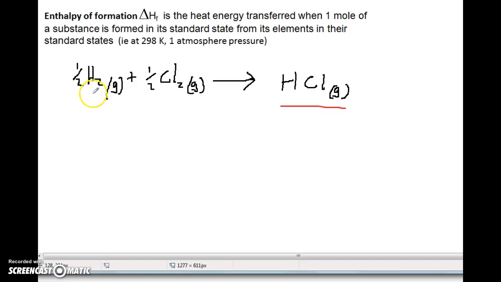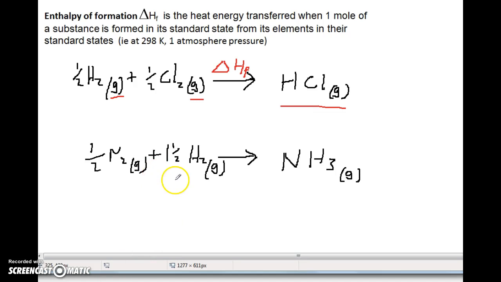So here we've got hydrogen in its standard state, which is gas, and chlorine in its standard state, which is also a gas. So in order to make 1 mole of HCl, we'd have to start with half a mole of hydrogen and half a mole of chlorine, because hydrogen and chlorine both go around in pairs. They're bimolecular. So the enthalpy change for this process would be delta H formation for HCl.